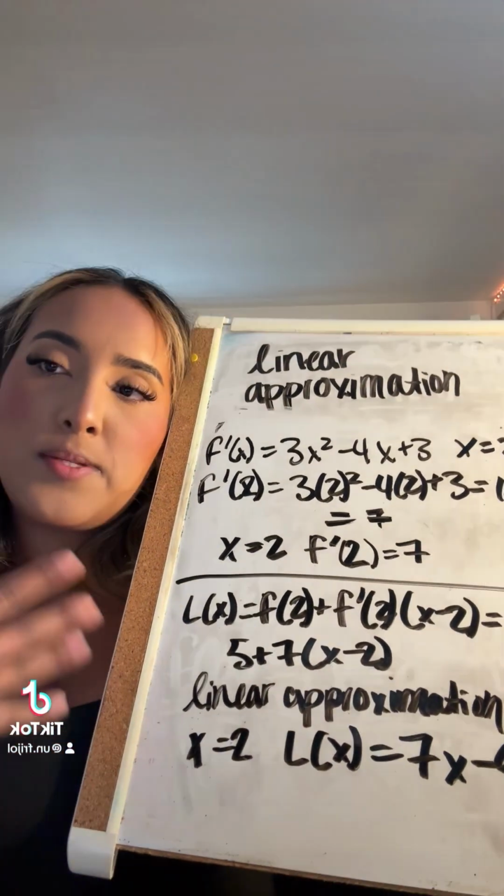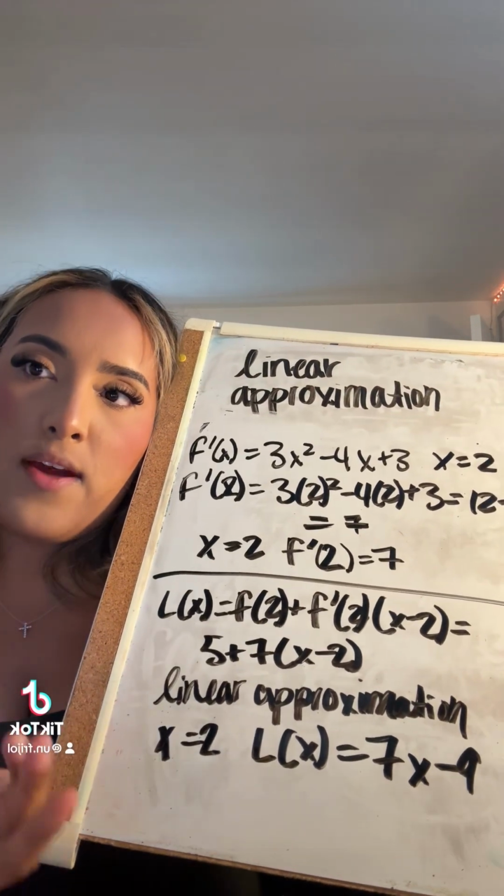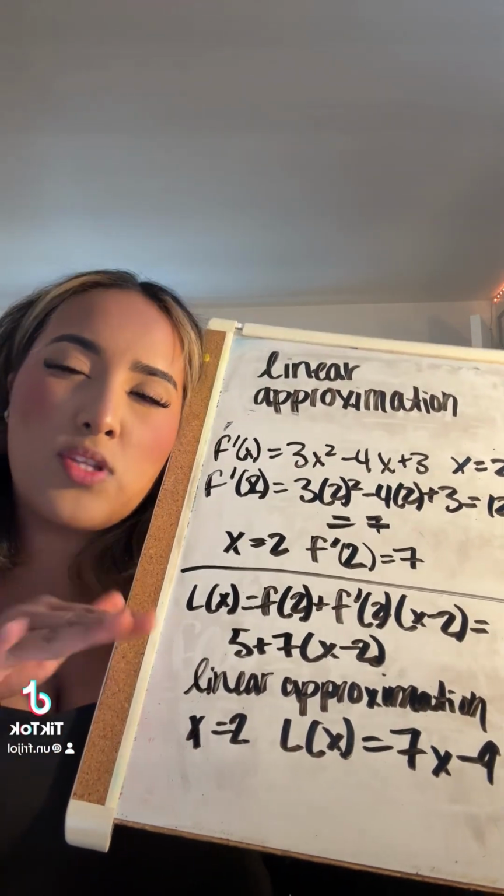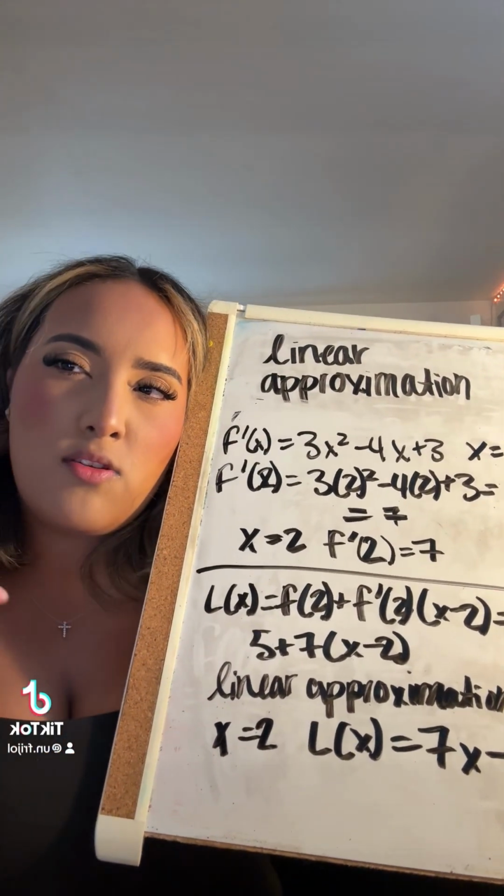And those are the steps and process of finding the linear approximation. The example I showed you is using a polynomial function. And that is part of chapter 4.